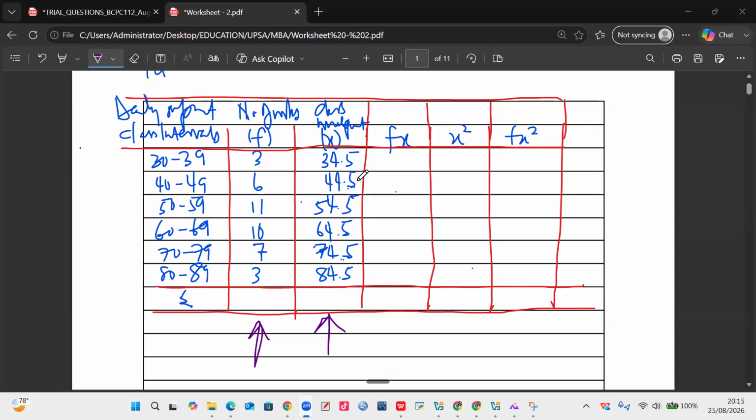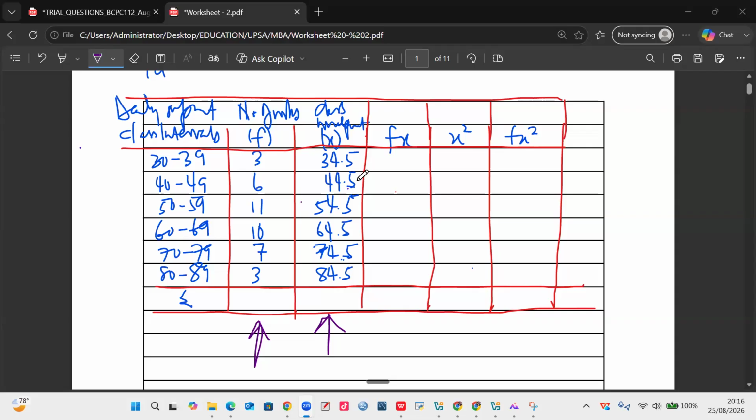Do you see 1 on the extreme left when you get to the frequency? Always ensure you are starting from 1, otherwise you make a mistake.